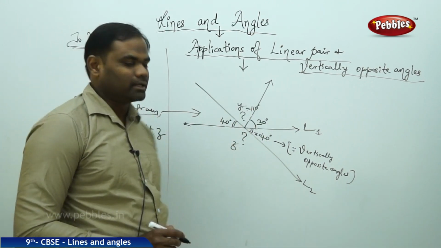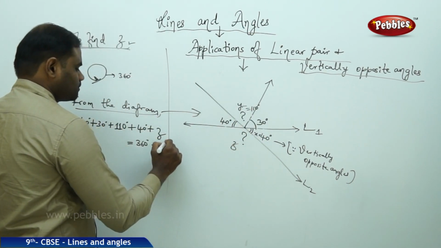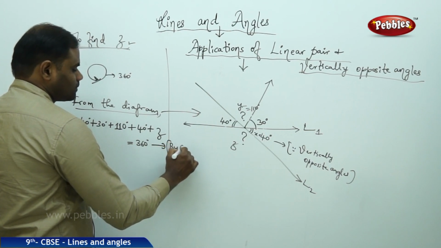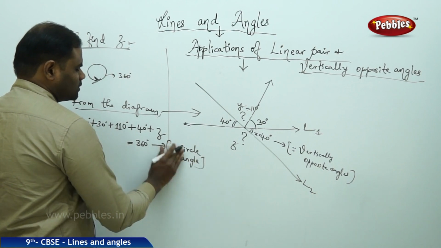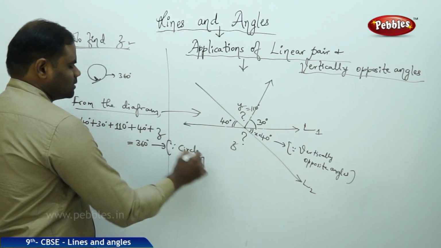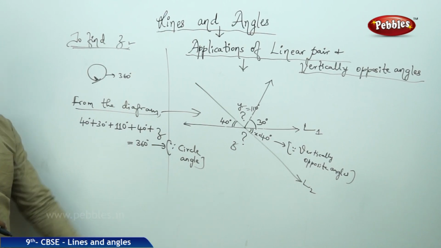This is how we get it from the circle property, since this is a circle angle, it must be equal to 360 degrees.